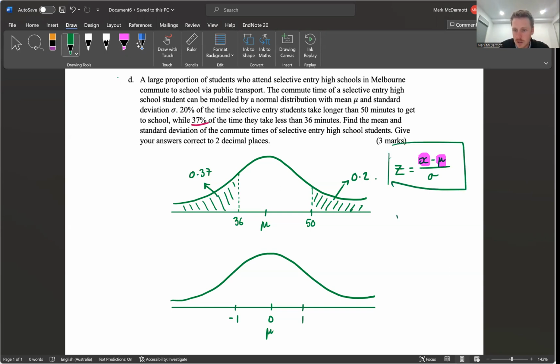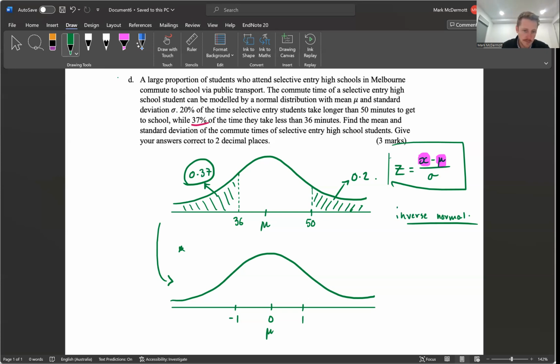So what we're going to do is we're going to need an inverse normal. Let's deal with the first part of this. We want to know on the standard curve, so on this curve down here, when is the area equal to 0.37? So you go to your calculator, menu, probability, distributions, you want an inverse normal. You want the area to be 0.37, and we're doing a standard normalized distribution, so the mean is 0 and the standard deviation is 1.